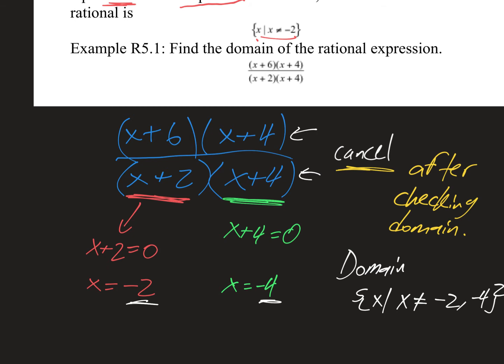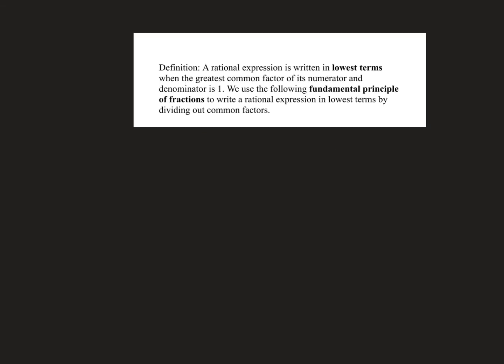And that's exactly what we're going to move into next. So a rational expression written in lowest terms is when the greatest common factor of the numerator and denominator is equal to 1. Basically, anything that is common between the numerator and denominator must get canceled out.